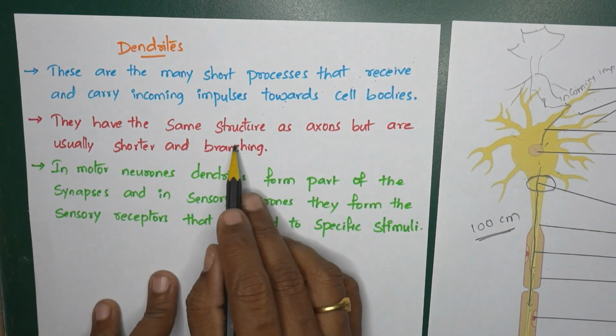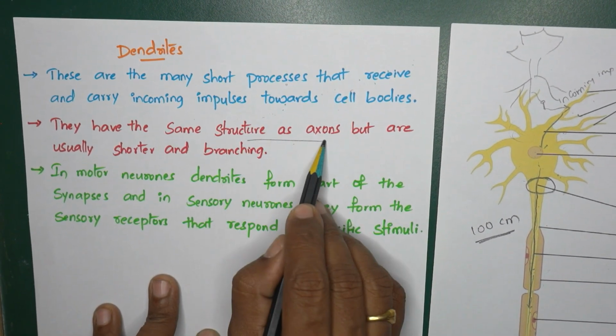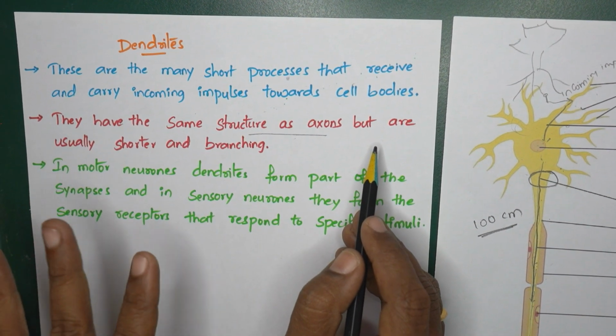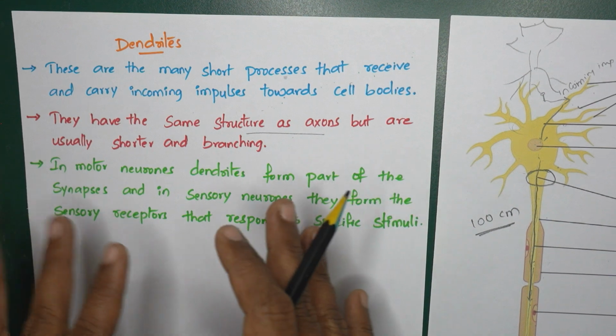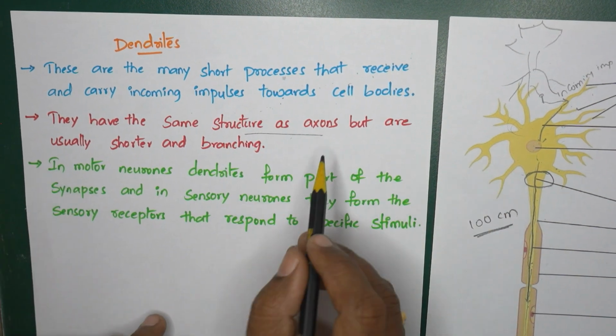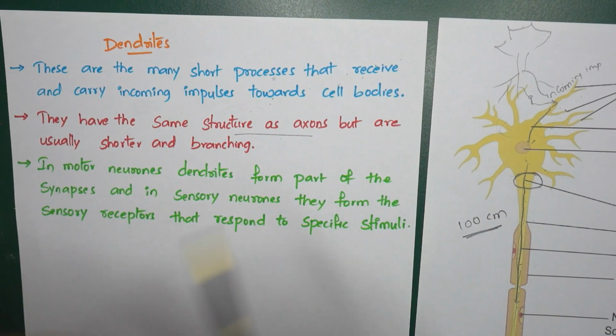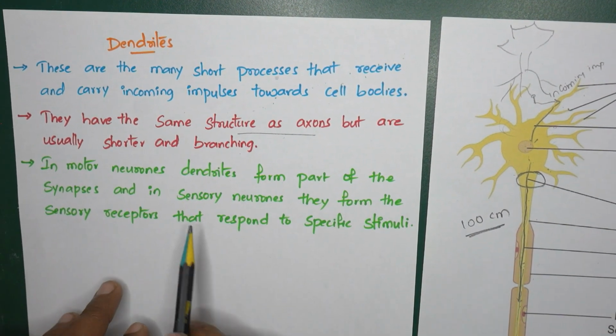Coming to the structure of the dendrites, they have the same structure as the axons, but they are shorter than the axons and they usually branch. Each neuron contains only one axon, but there are many dendrites with many branches.